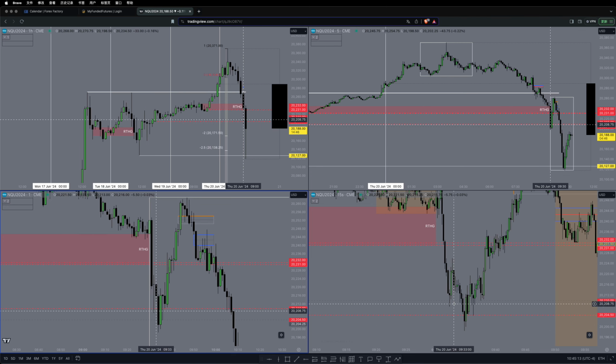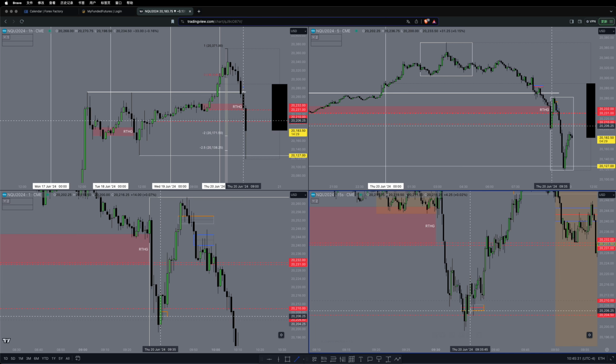I saw this CB, it gets violated, so it becomes an inverted fair value gap, and from there on the price will go higher. And then this is a CB, yeah, and also this is the last up-close candle.